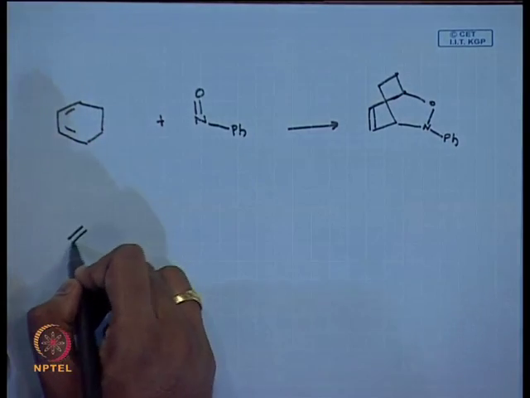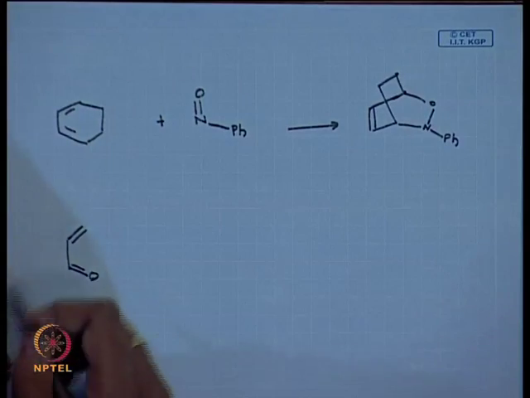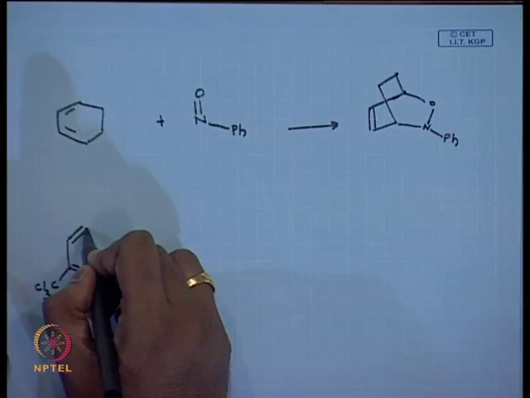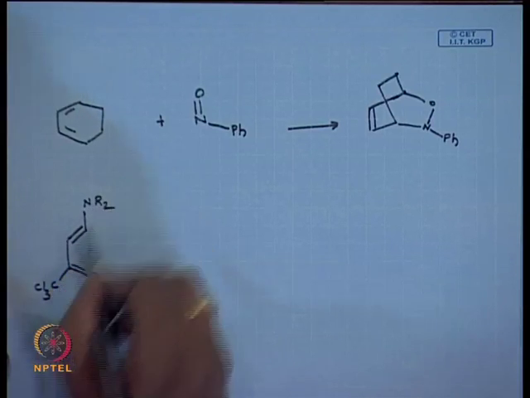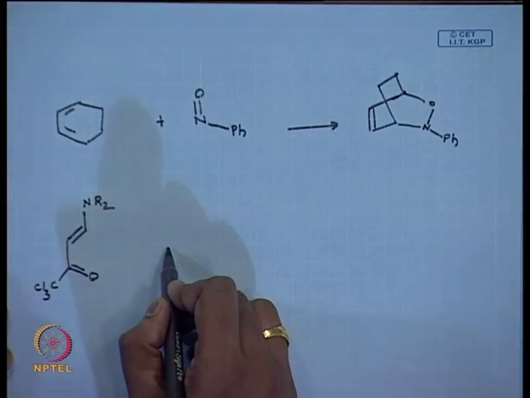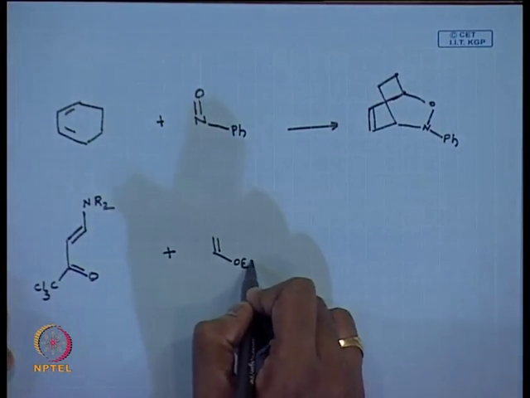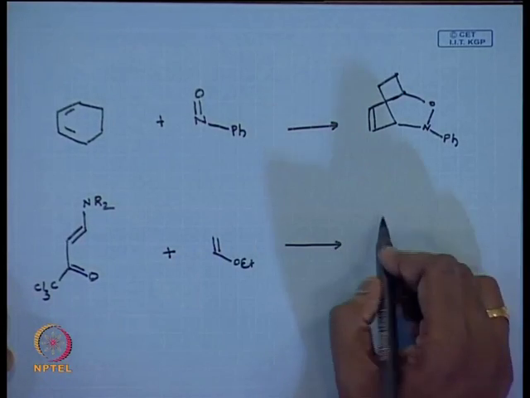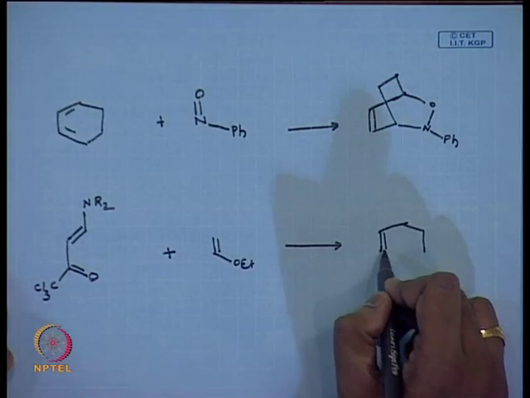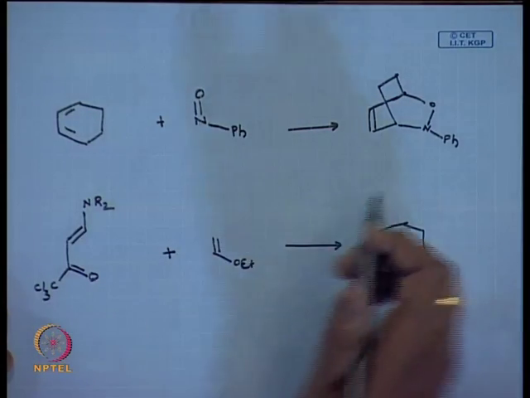For example, I can take a system which has a ketone and my CCl3 with an amine. You can have this type of systems. This also undergoes nice heteroatom Diels-Alder reaction. I have an O. Yes, you make a type of pyran ring structures.